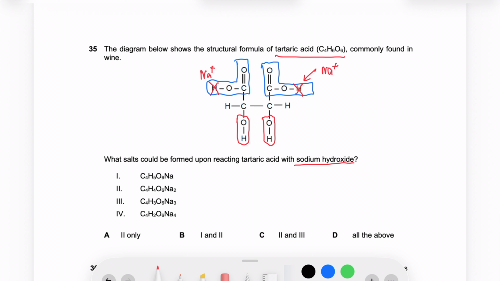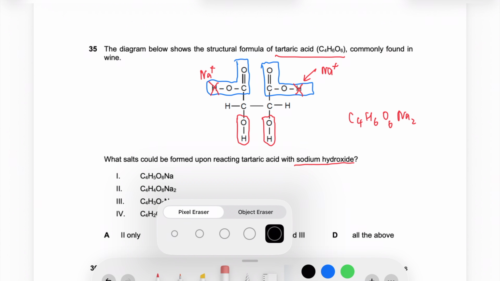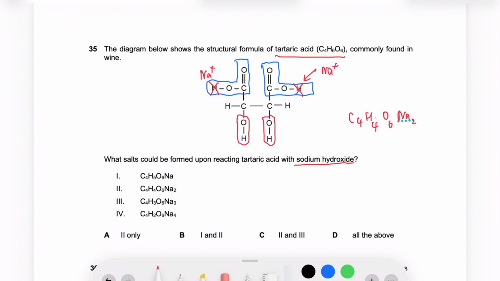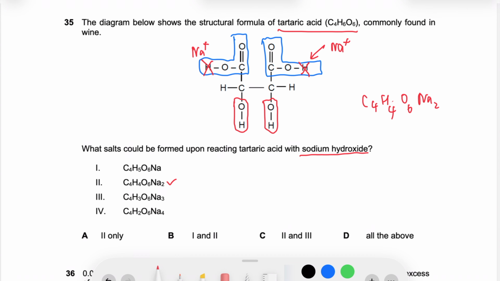So you'll get C4H6, still the same thing, but O6Na2. This one you have to change 2 hydrogen lesser, so left with 4. So 2 is possible.